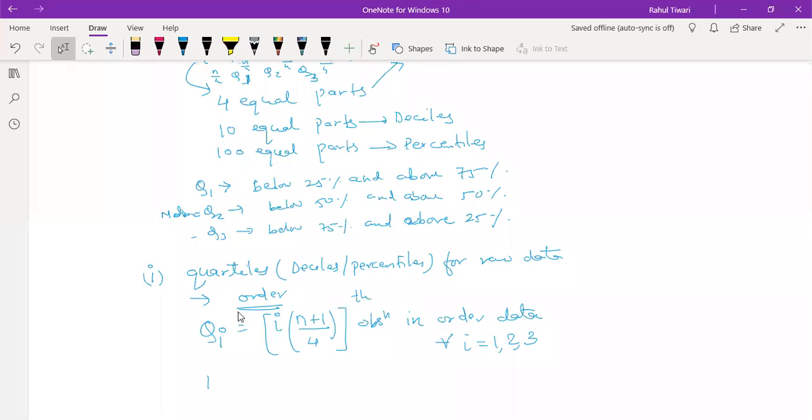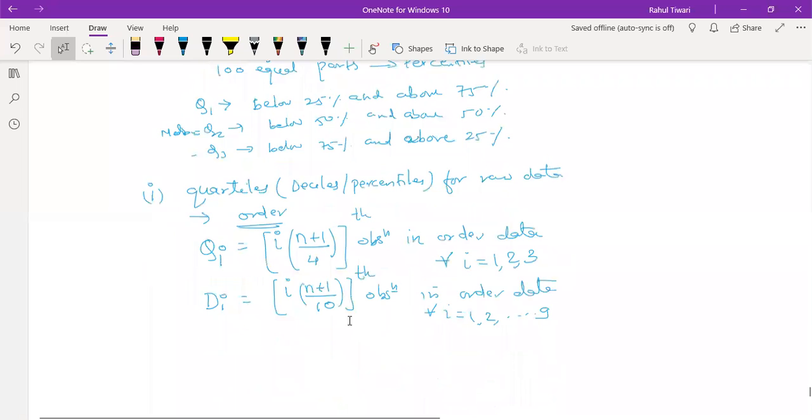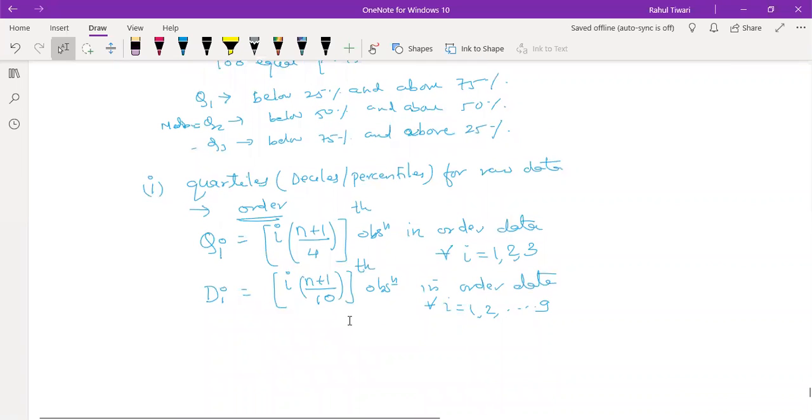Similarly, I can define Di, which is a decile. The formula is i times (n plus 1) by 10. This much difference is there. Why is it 10? Because your data is divided into 10 equal parts in ordered data. What values can i take? i can take 1, 2 up to 9, because if you divide into 10 equal parts, there will be 9 values. So one can find d1, d2, d3 up to d9, not d10.